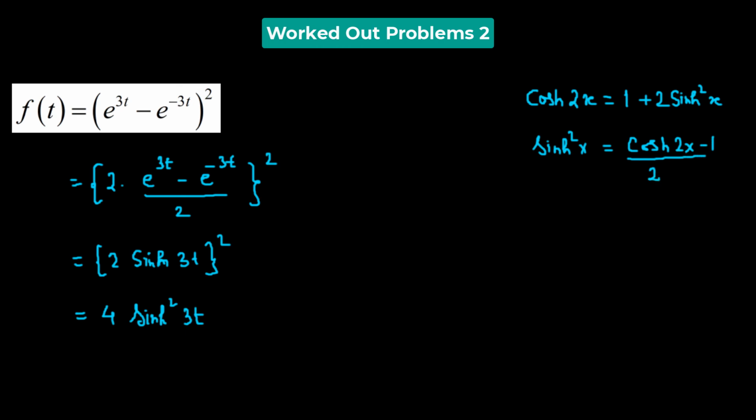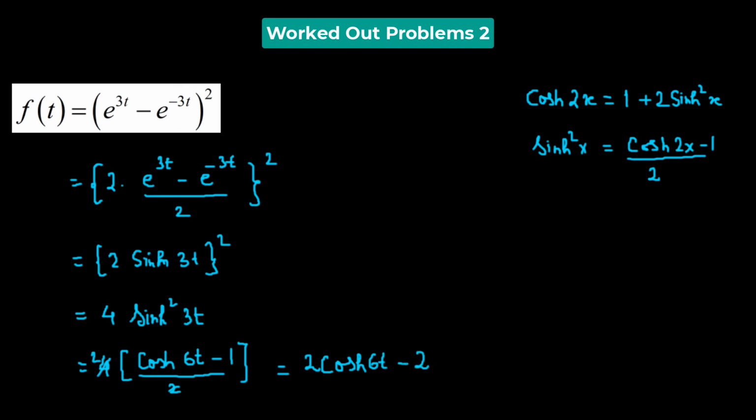So we have sinh 3t whole squared, which will give us 4 times cosh of 2 times 3t, so that will be 6t, minus 1, divided by 2. So we can have 2 times cosh 6t minus 2.